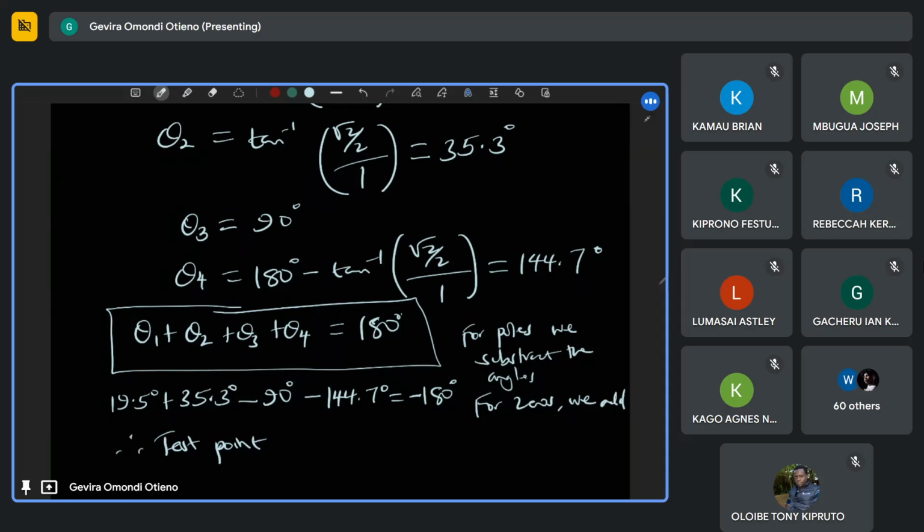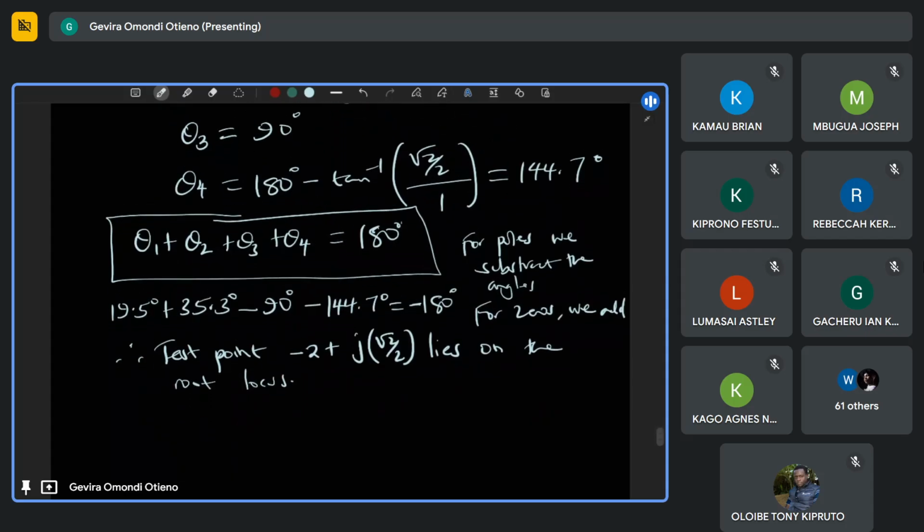Therefore, the test point minus 2 plus j root 2 over 2 lies on the root locus, because it meets the angle condition.